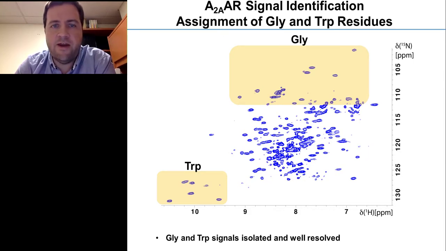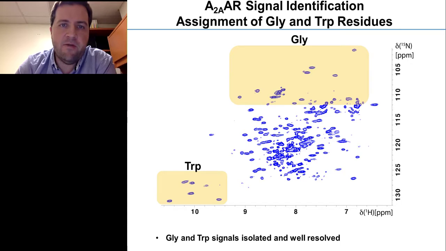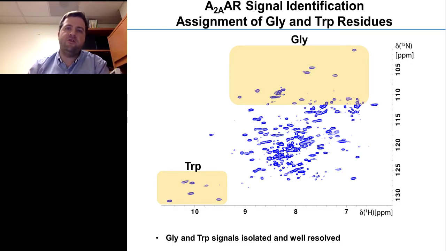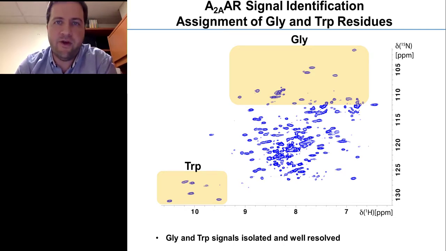To assign and identify them, we looked at the NMR spectrum and focused on two characteristic regions. One is the tryptophan indole region, which is located in the lower left, and the other is the glycine backbone region, which tends to appear toward the top of the NMR spectrum.